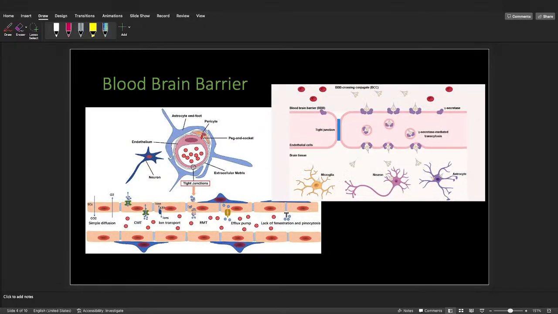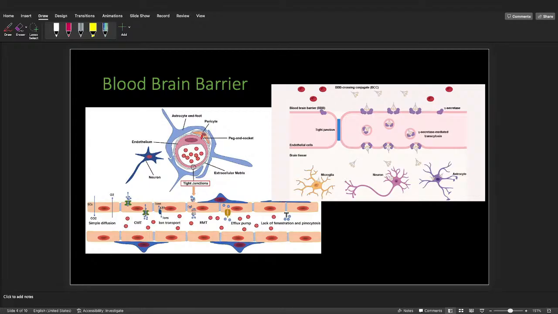So here you see an image, and I want you to take the time to at least draw out a diagram of your own. Just picture how this blood-brain barrier looks.